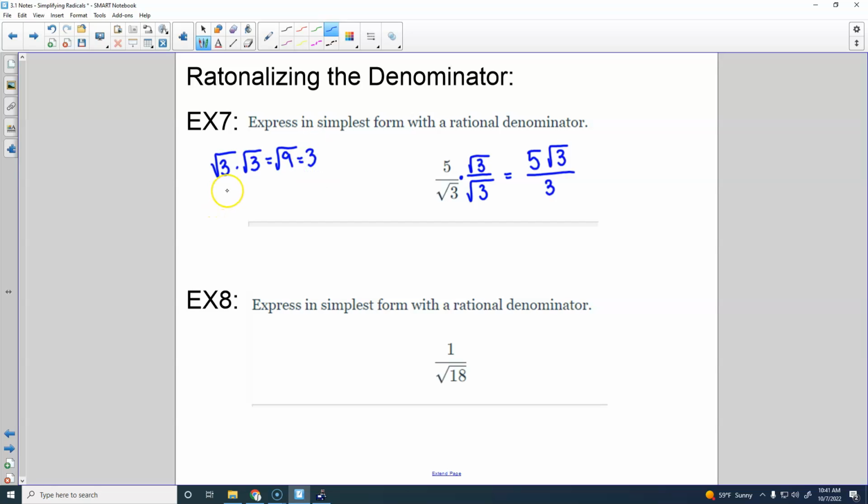Or you could think of it as square root of 3 squared. Square roots and squares undo each other, and it would be 3. Either way you think about that there. When you multiply a square root by itself, it's just going to give you that number underneath the square root with no square root at all. And so we consider this rationalized here because my denominator does not have any square roots in it anymore.